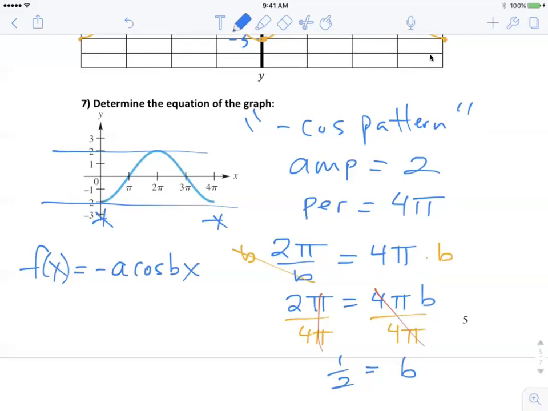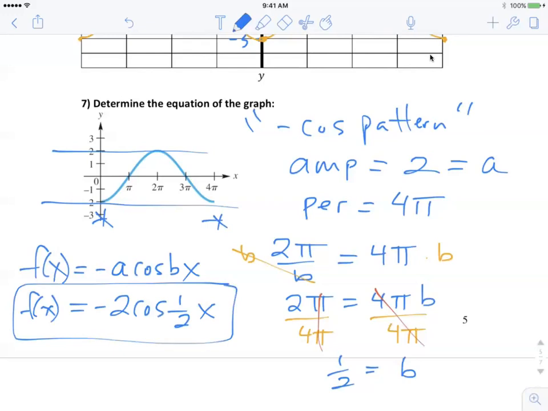And then I just figured out what the a and the b are. There's your a. A is that amplitude, right? So I have -2 out front, cosine, and then the b we found to be 1/2. Right? So my final answer, -2 cosine 1/2 x. That is the equation of that graph.